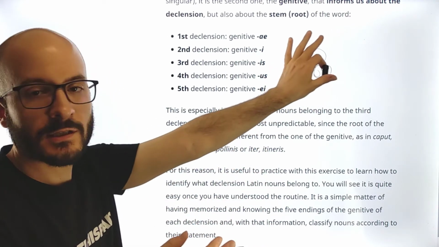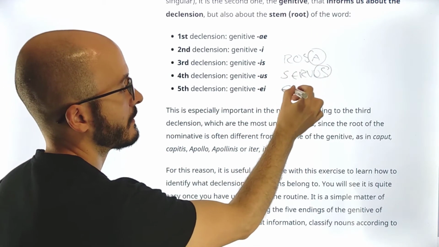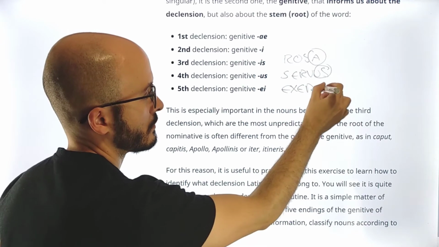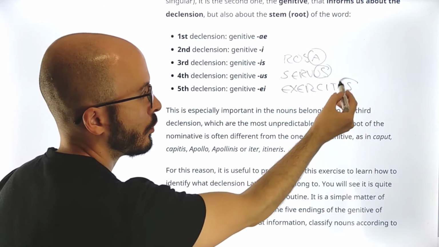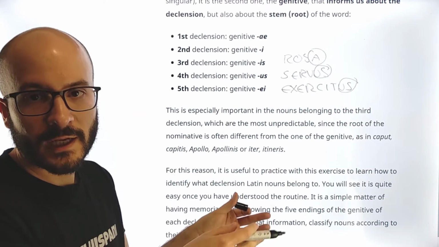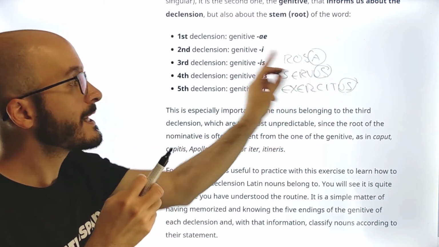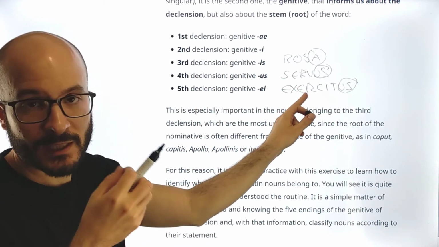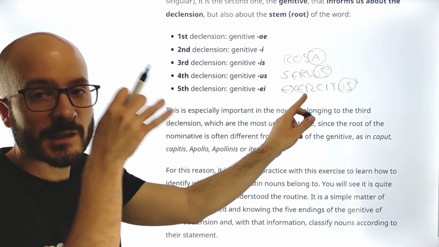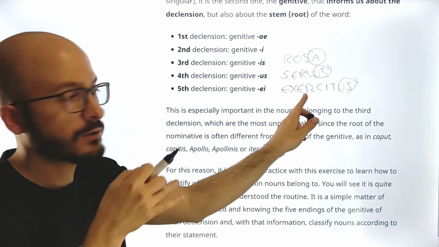So why not just use the nominative? Because, for example, if I say exercitus, which is army, we see us and we say second declension. No, wrong, because us can also be the nominative of the fourth declension. So the statement of exercitus would be exercitus, exercitus. The nominative and the genitive are the same in the fourth declension.